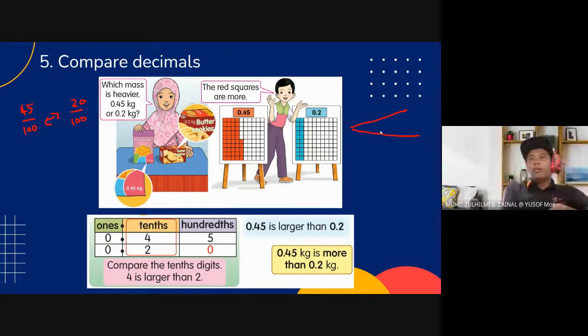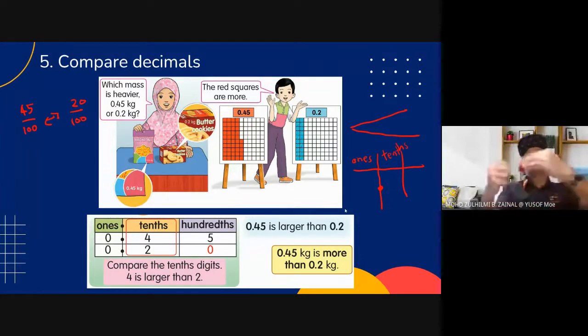Okay. Ni decimal point. So ada decimal point here. Okay, ingat. Sini whole number, ones. And here is tens. Tens yang ke 10 ataupun over tens. Of tens. Ini of hundreds.